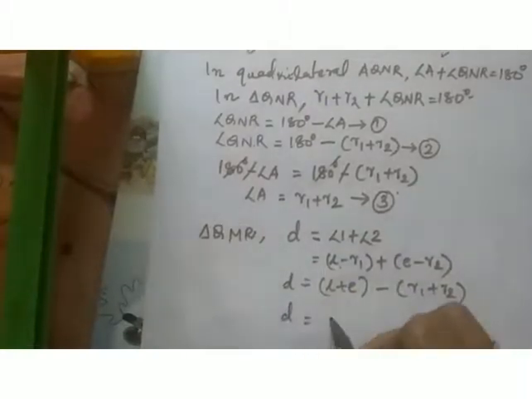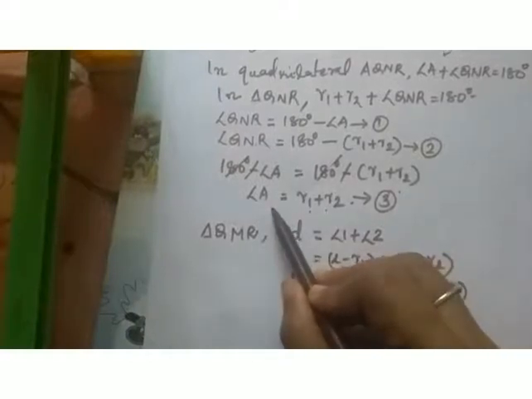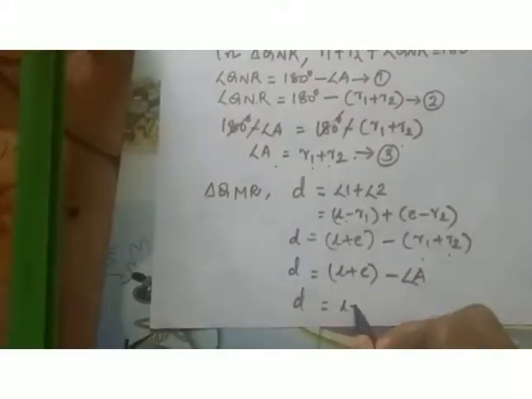Okay, so this is angle D, and again D is equal to I plus E minus (R1 plus R2). See, from equation 3, what is R1 plus R2? R1 plus R2 is angle A. So instead of R1 plus R2, we can write angle A. Okay, so angle of deviation is I plus E minus A. This is the expression for angle of deviation D.